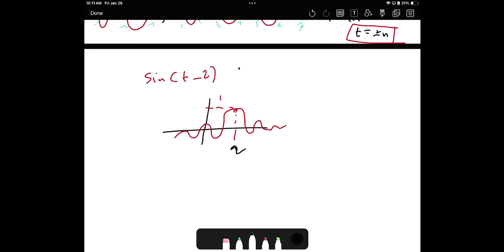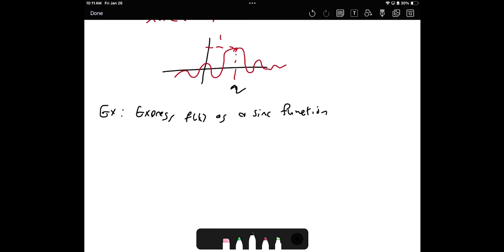Now, a small example here. Express f of t as a sinc function, which I'm going to plot as a waveform, and we need to find what the sinc function looks like.